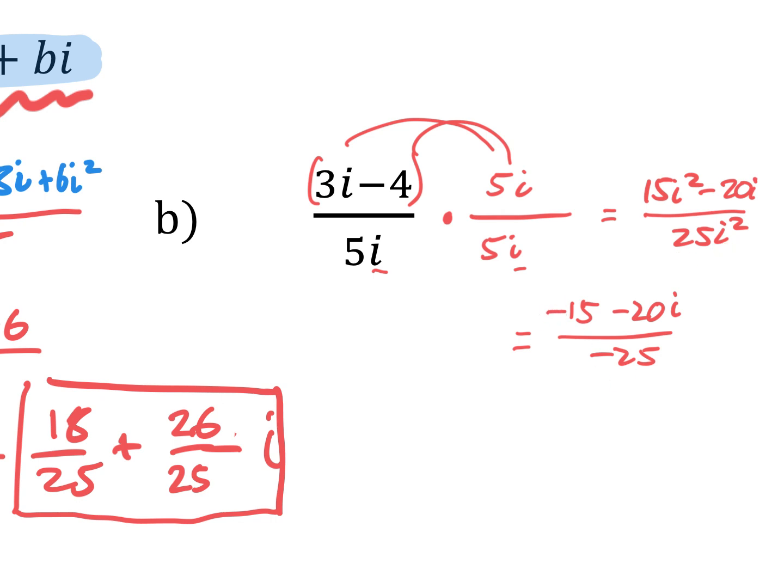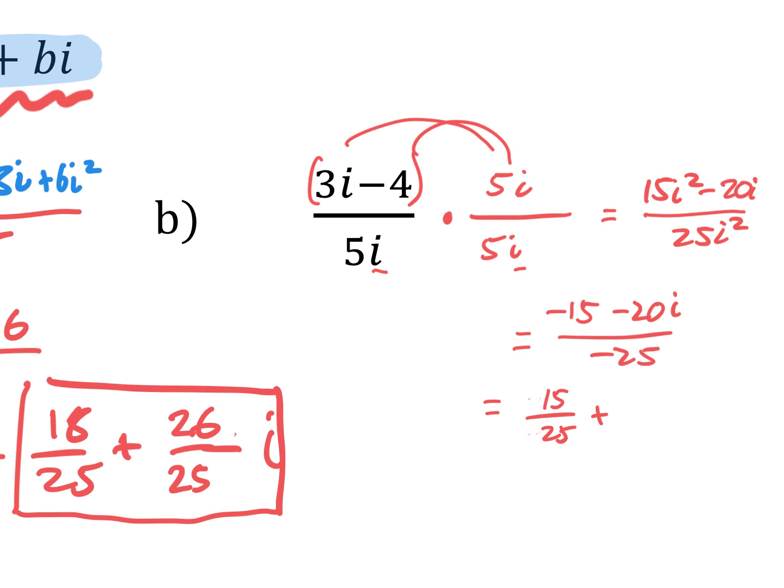And now let's divide them. Negative 15 over negative 25. That's obviously going to be positive. Then we have negative 20 over negative 25. Let's just fix those negatives. Those are going to cancel. Gone.